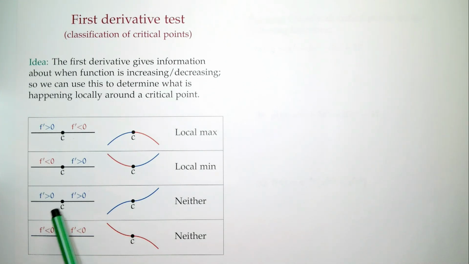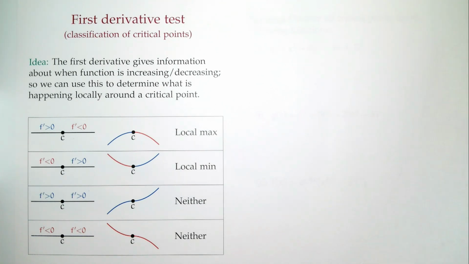You might go up and then up, in which case it's not a max or a min. We just say it's neither max nor min. Or it could go down and down. And again, we say neither. So the first derivative test is to say, look at a critical point, what's happening to the first derivative on either side? Now you might wonder, is there a second derivative test?